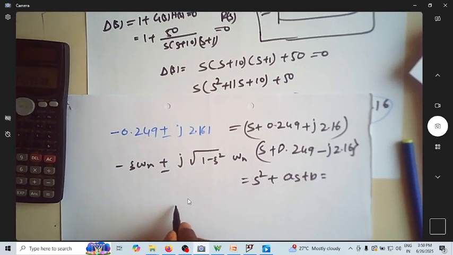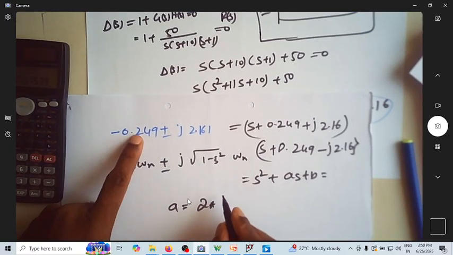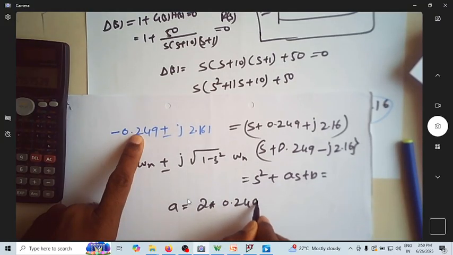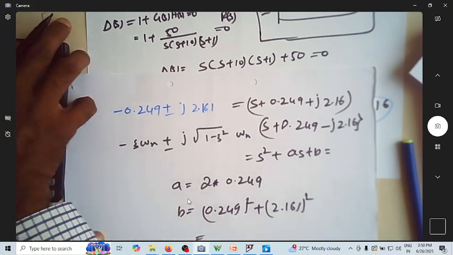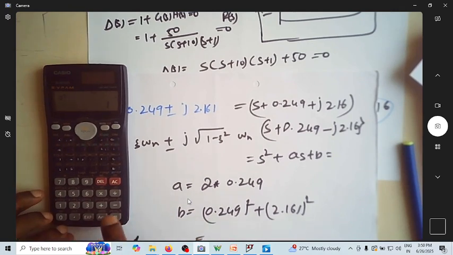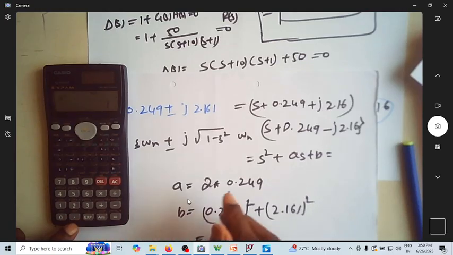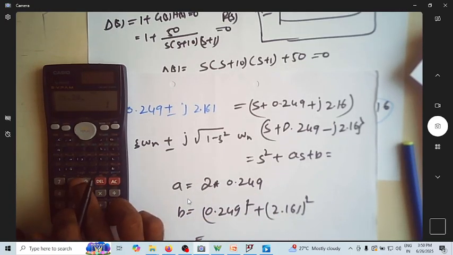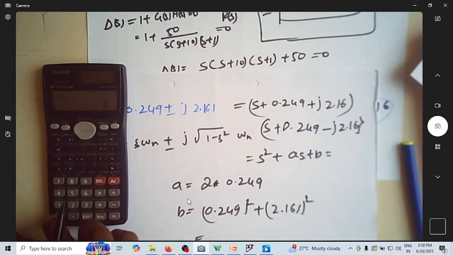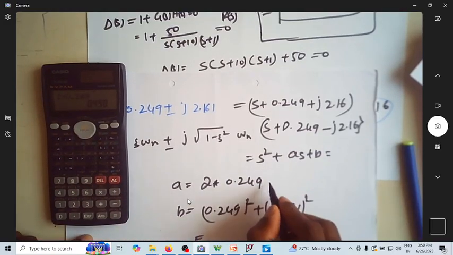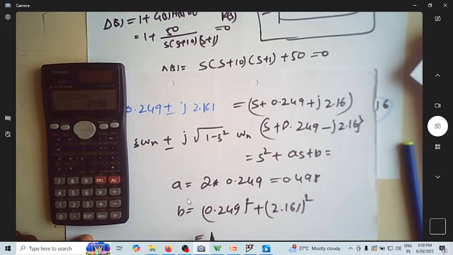What is a now? a is actually twice the real component, twice 0.249. What is b? b is the square of 0.249 plus the square of 2.161. Of course, 2 into 0.249 is 0.498. How much will b be?